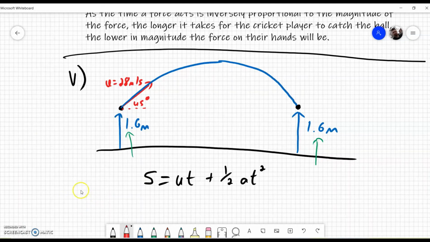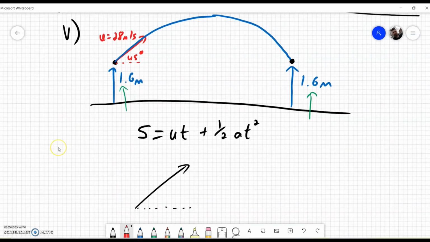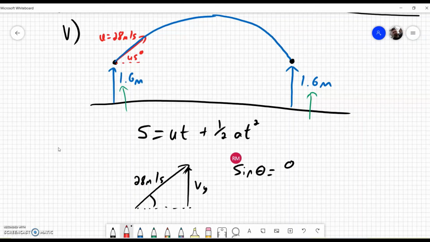So I need to make a small addition to the question they give me. If I draw this out, I can see that I have 28 meters per second acting that way. But what I want to find is the vertical velocity in the y direction. So if I go back to my sine, cos, and tan, this is my 45 degrees here. I know sine theta is equal to the opposite over the hypotenuse, and I'm trying to find the opposite.